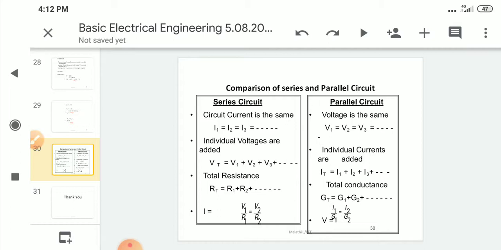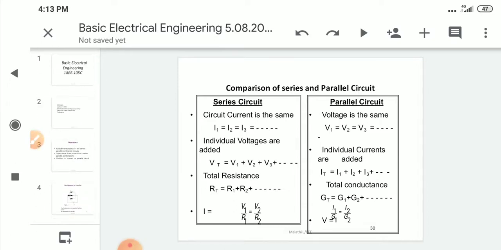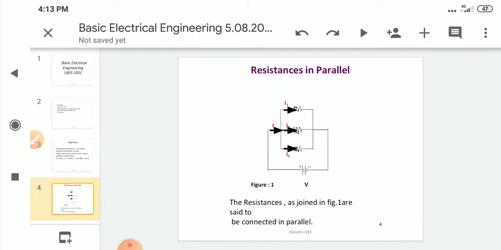In this method, we have to calculate the equivalent resistance. Why do we have to calculate the equivalent resistance? To simplify our circuit. So we learned the equivalent resistance of series and parallel, and the total current flowing in the circuit for series and parallel combinations.